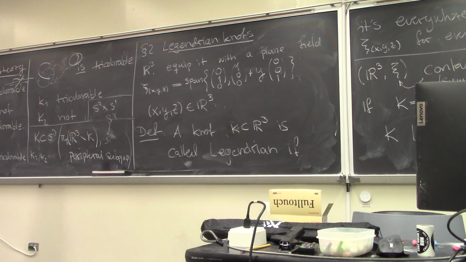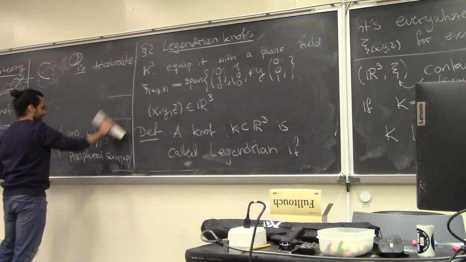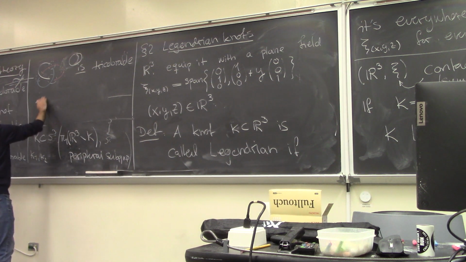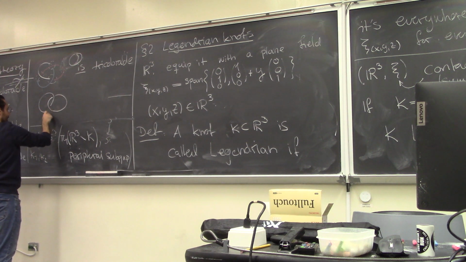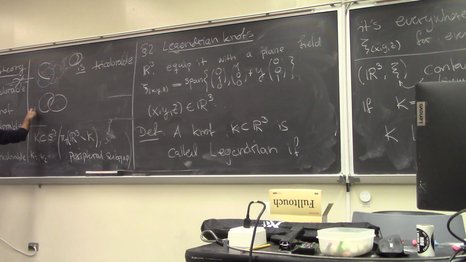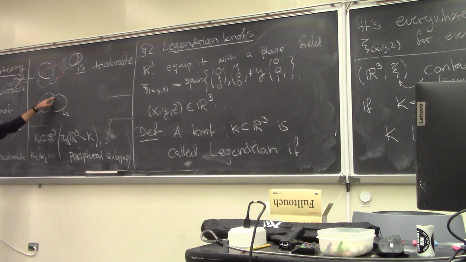For links, there's maybe an easier invariant than the tricolorability. For links, you can define something called the linking number, which is basically you give the components names, and then you check how many crossings there are between the components, and you divide that by 2. Because if you have different components, they must link an even number of times.